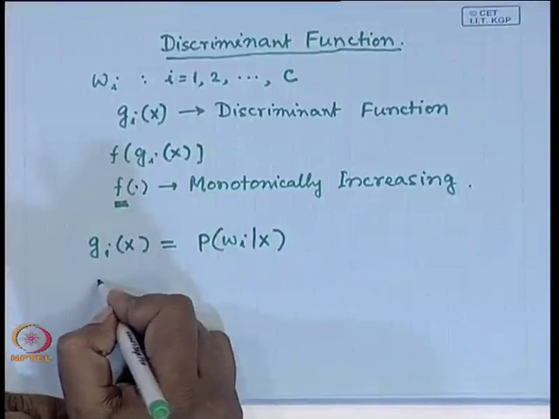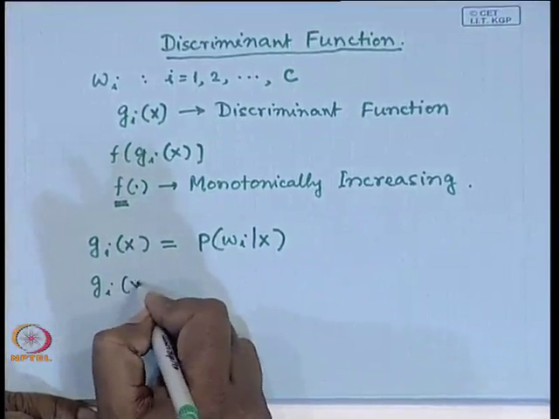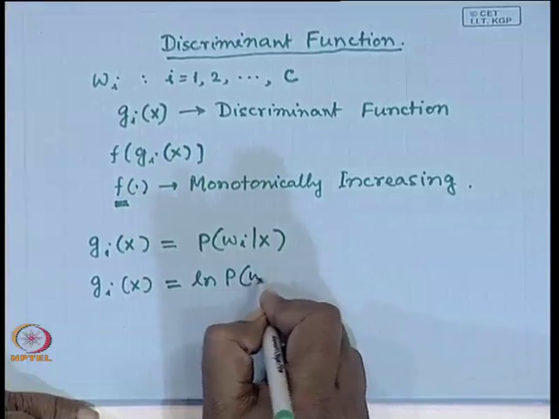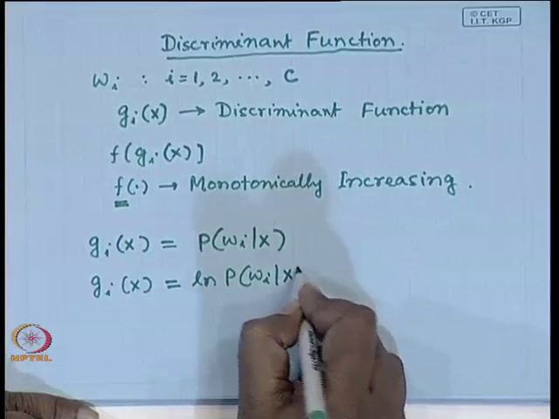So, I can also define g_i(x) as log of p of omega_i given x.